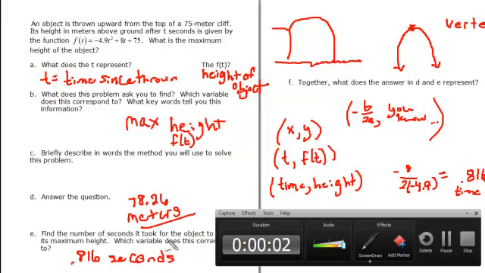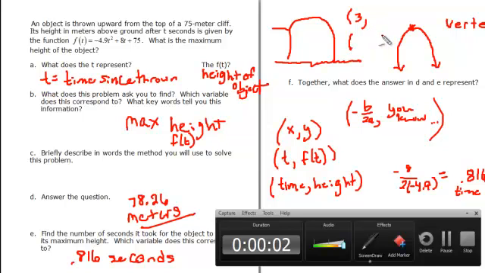So now, along with these two types of questions, I can ask you the questions that we had before. I can ask you, what's the height at a certain number of seconds? So if I say, what's the height after 3 seconds, we're going to put 3 in for x, and we're going to figure out what the y value is.